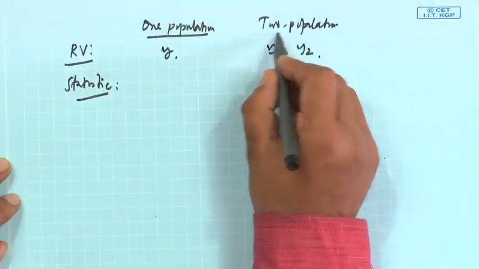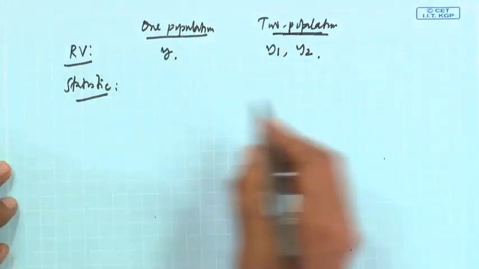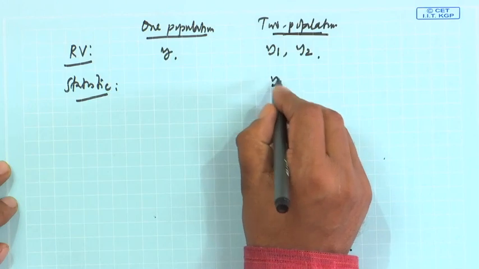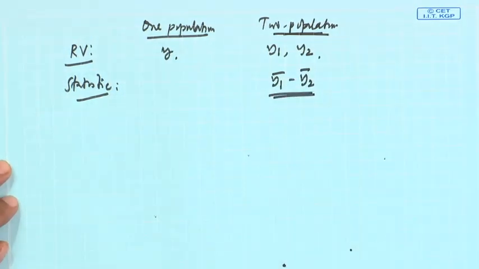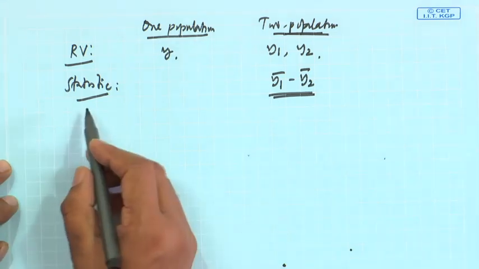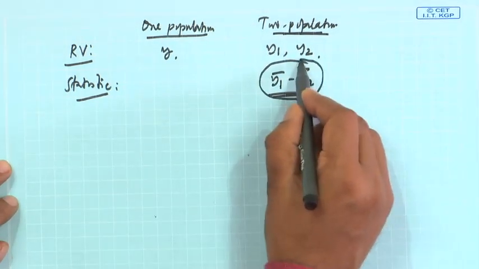Now in two population means, we want to test y1 bar minus y2 bar, which is our resultant random variable.